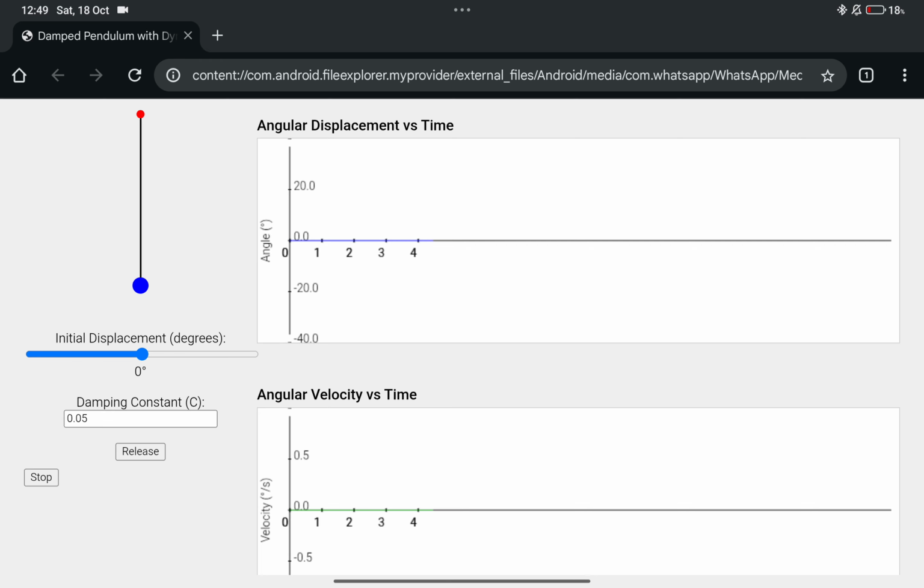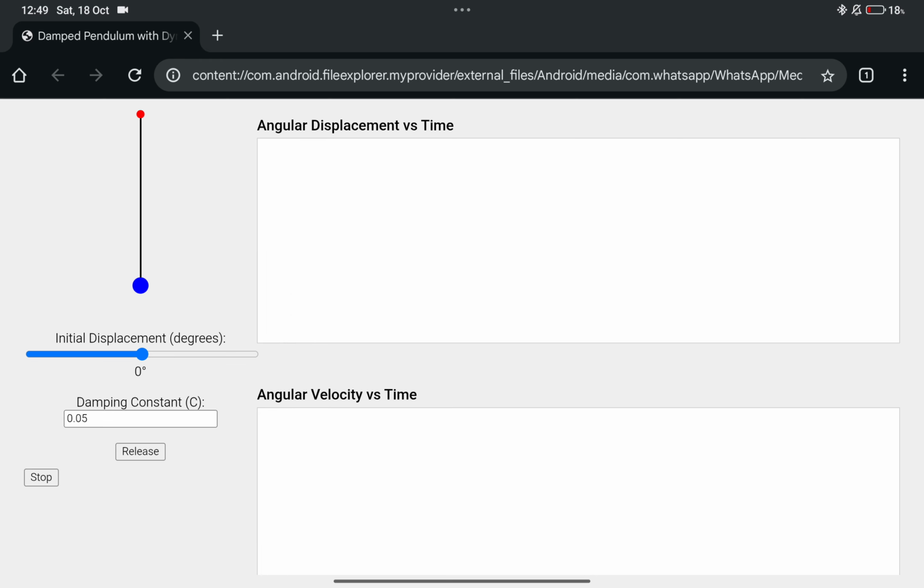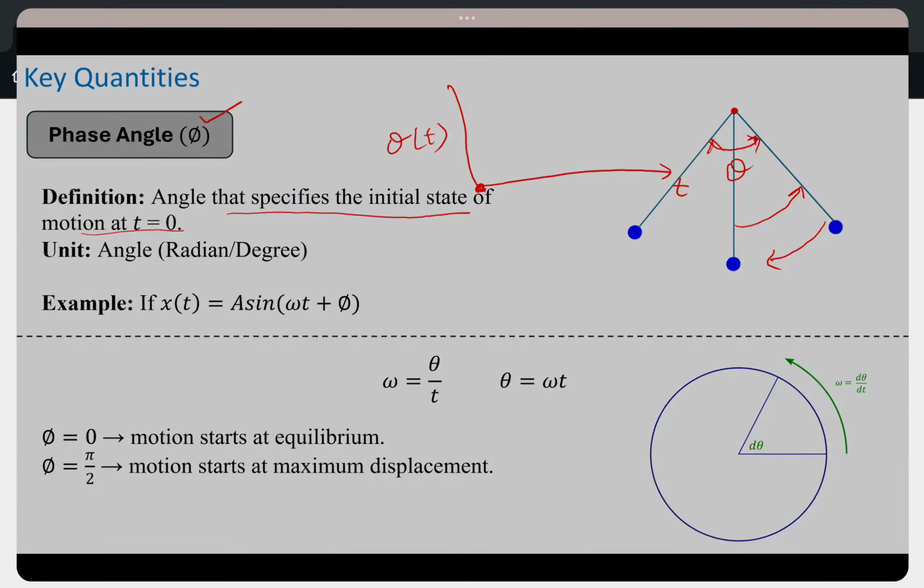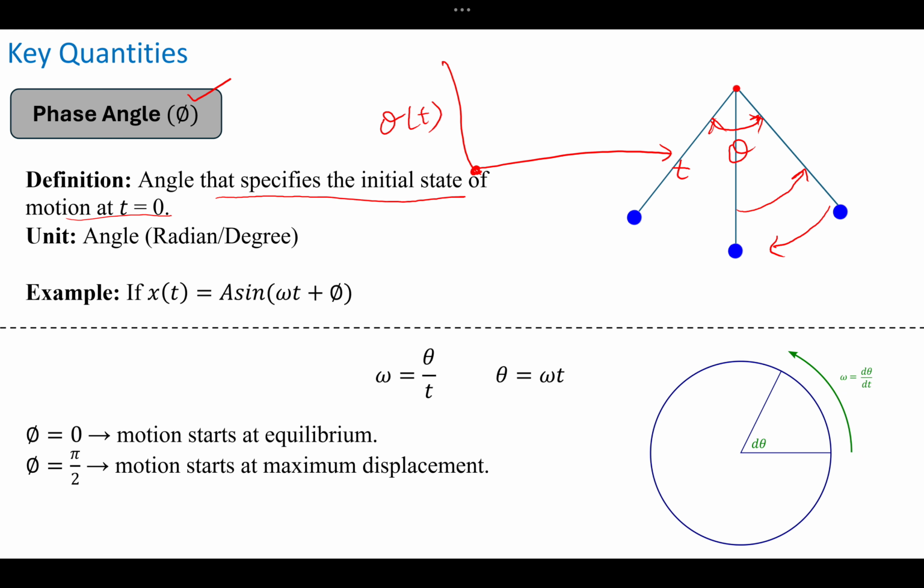Now it is very important, if you are using, for example, a sinusoidal oscillation like in this case, that you know the initial displacement, the initial position of the body. If it is sinusoidal, it will be something like this.